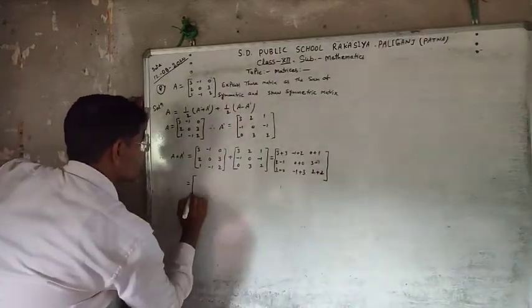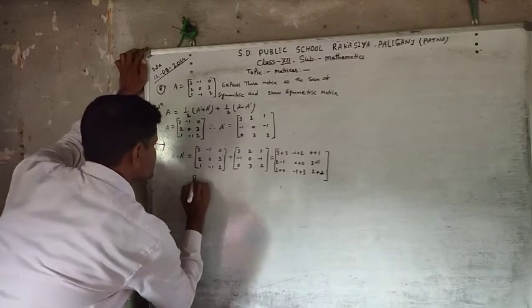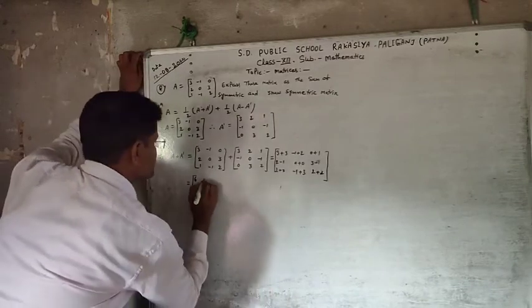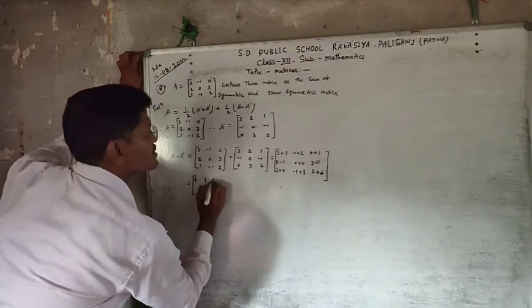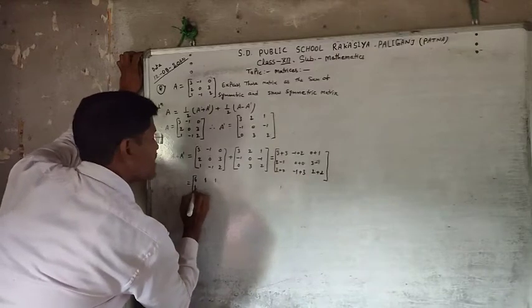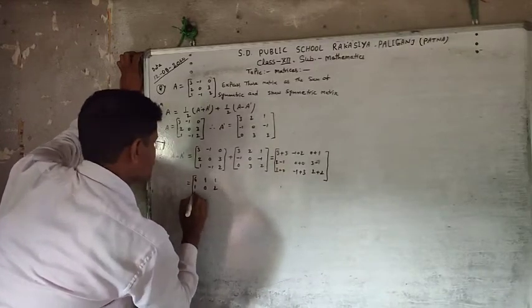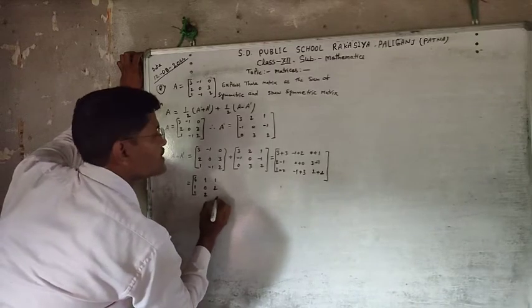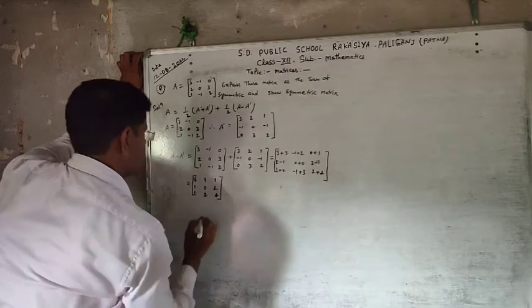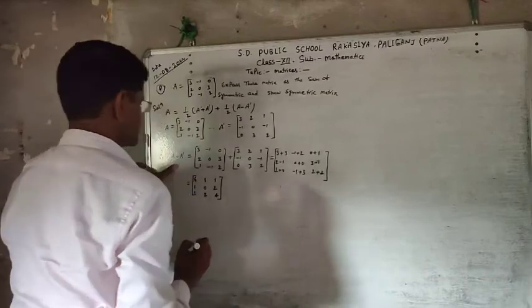Its sum is written as 3 plus 3 is 6, -1 plus 2 means 1, and 1; 1, 0 and 2; 1, 2 and 4. It is A plus A transpose.